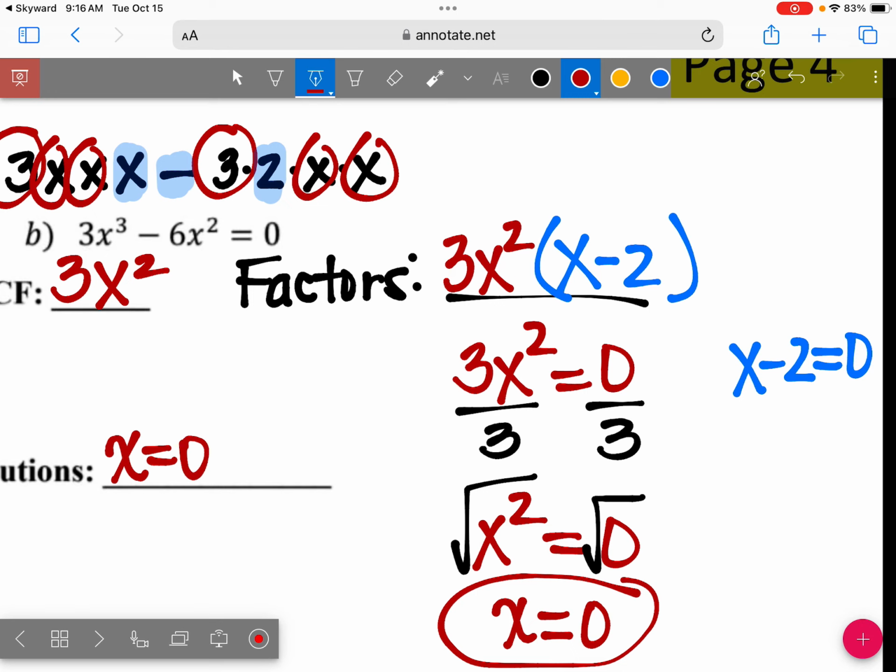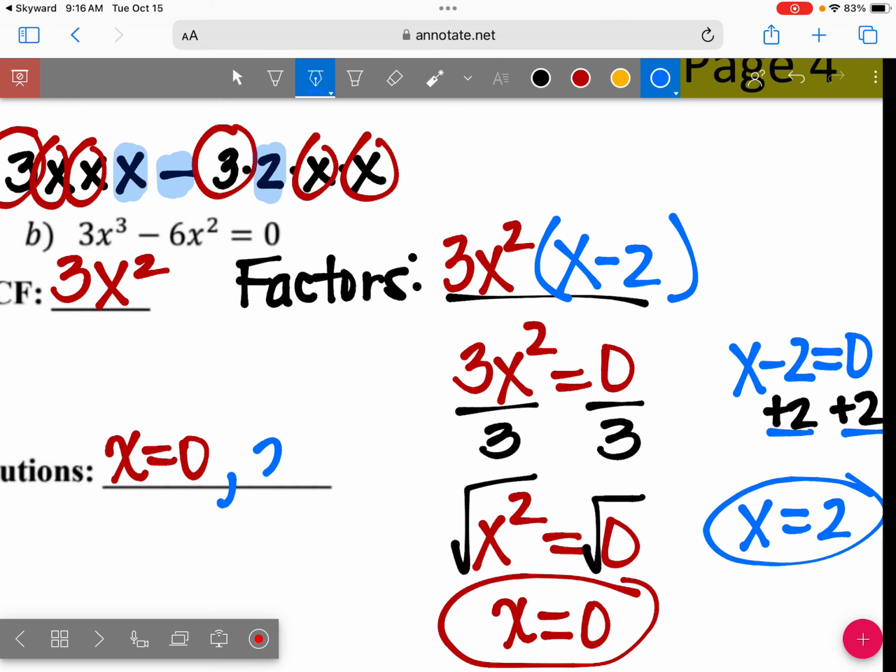Go ahead and solve the second one. So x equals 2 would be your second one. So 0 and 2.